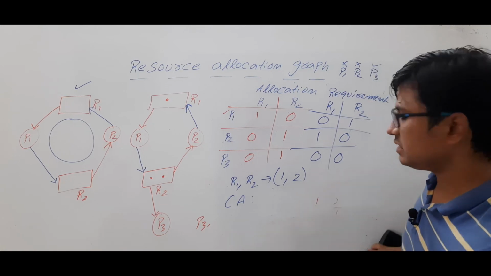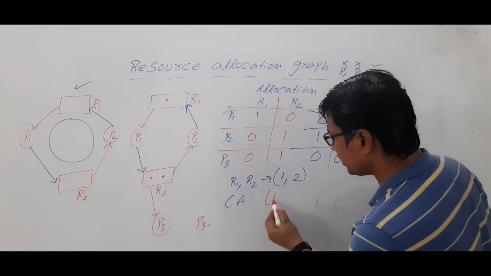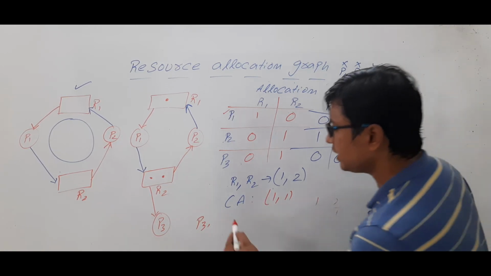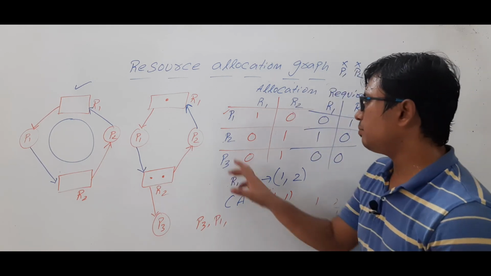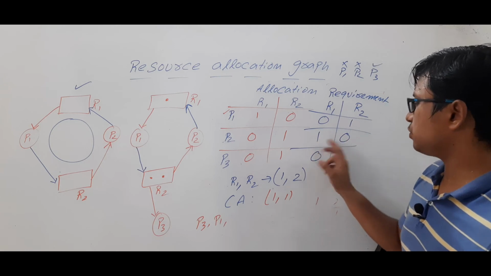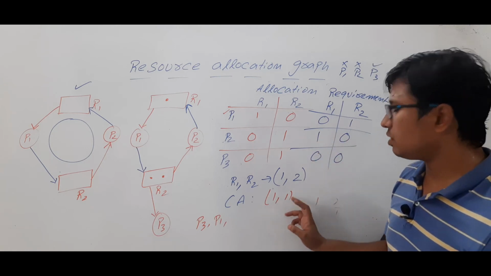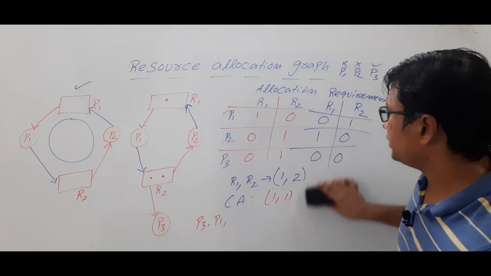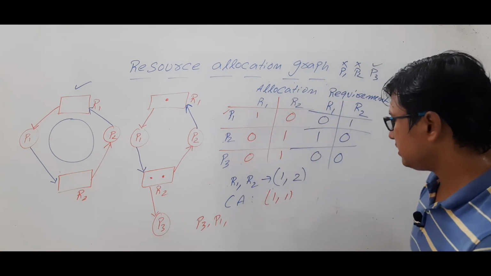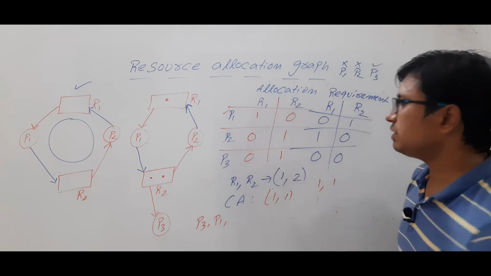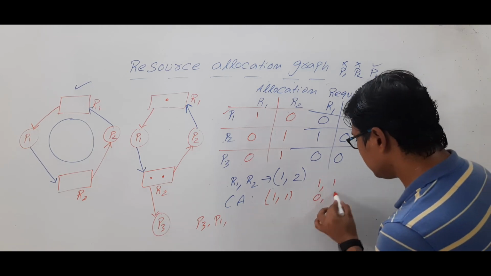So you have one instance of resource R1 and one instance of resource R2. We have completed process P3 and then process P1. Now process P2 need is 1, 0 and the availability is also 1, 1. So we can satisfy the requirement of process P2 and then process P2 will complete its task and will release the resources.